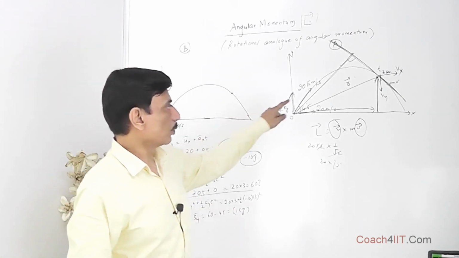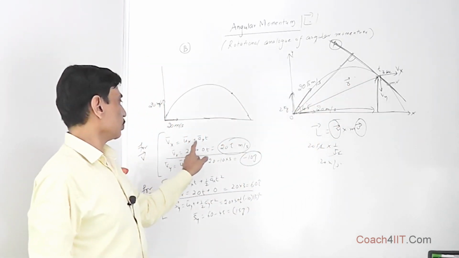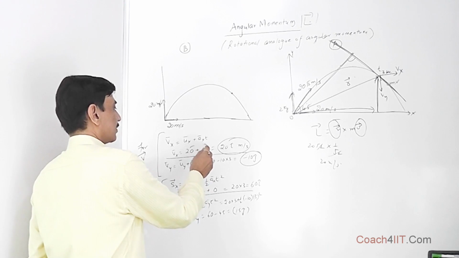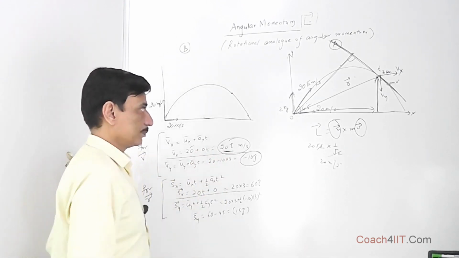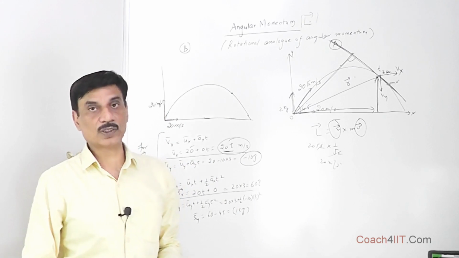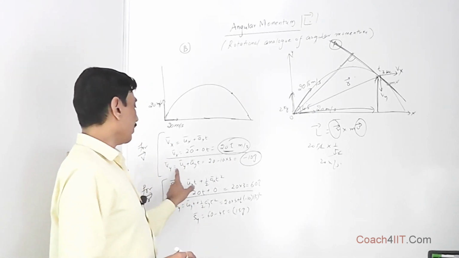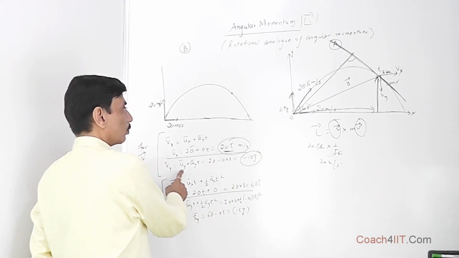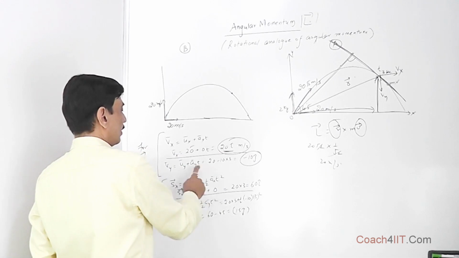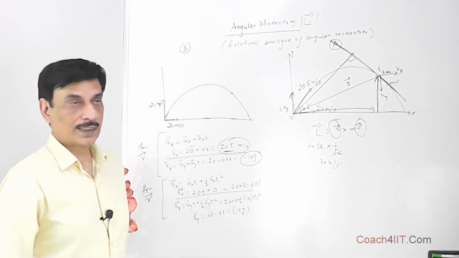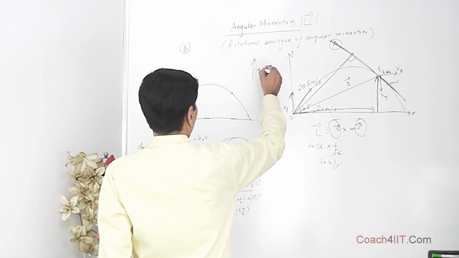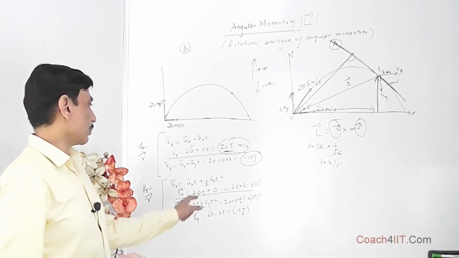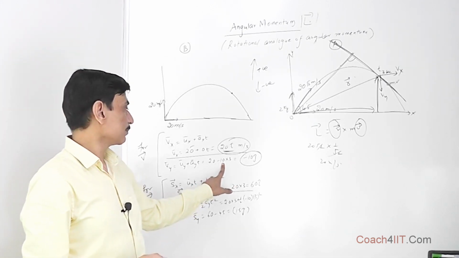Velocity along the x-axis: we use vx is equal to ux plus axt, the equations of kinematics. ux is 20 meter per second, ax is equal to 0, so this comes out 20 i cap, taking the i vector positive in this direction. vy is equal to uy plus ayt. uy is the initial velocity along the y-axis, 20, plus ay, which we take as minus 10, since vectors in the upward direction are positive and g is downward so negative, into 3.